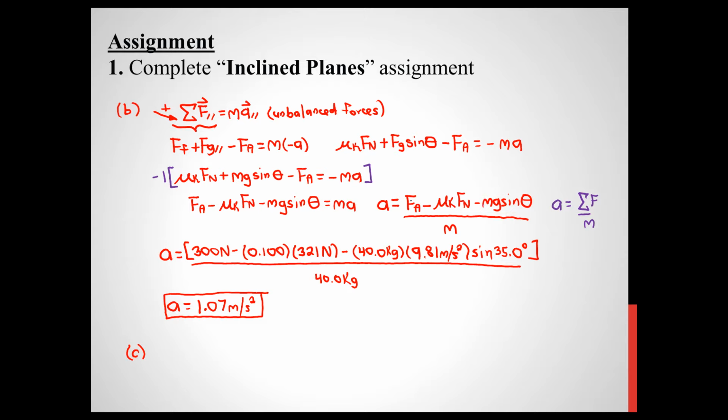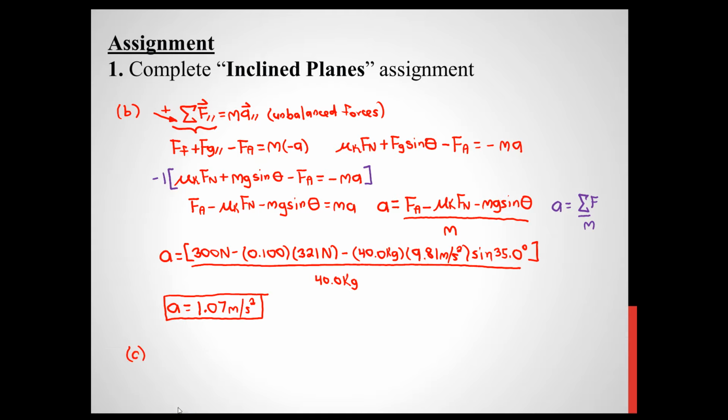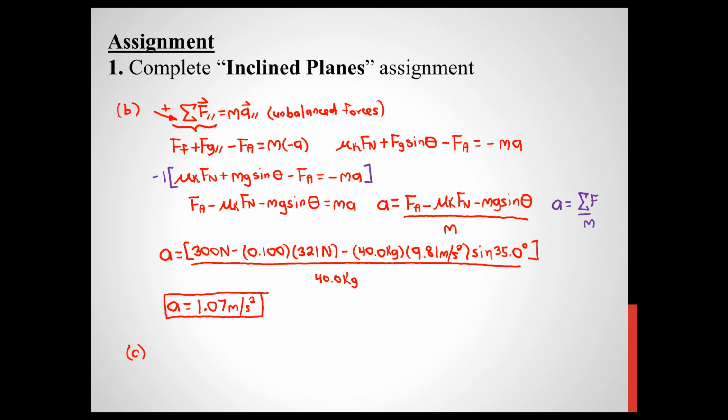So one way I could do it is plug all numbers into the numerator and calculate the net force. But there's an easier way to do it. As soon as you know what the acceleration is, we can just use Newton's second law to figure out the net force, because Newton's second law tells us the net force acting on an object is equal to mass times the acceleration of the object.